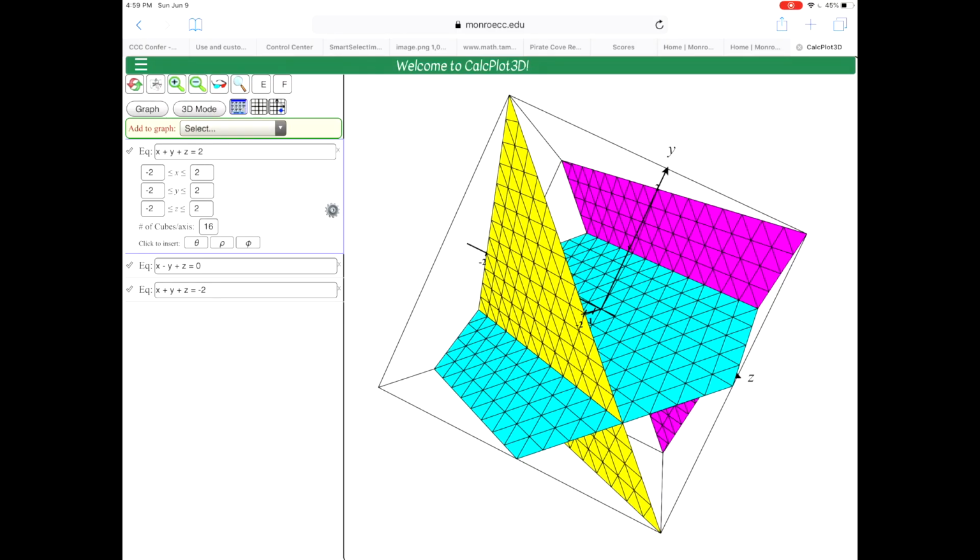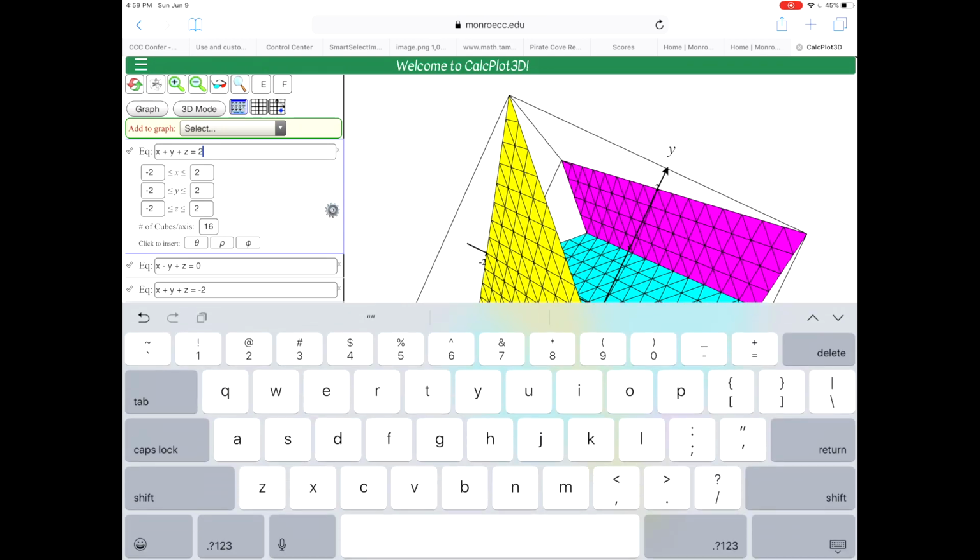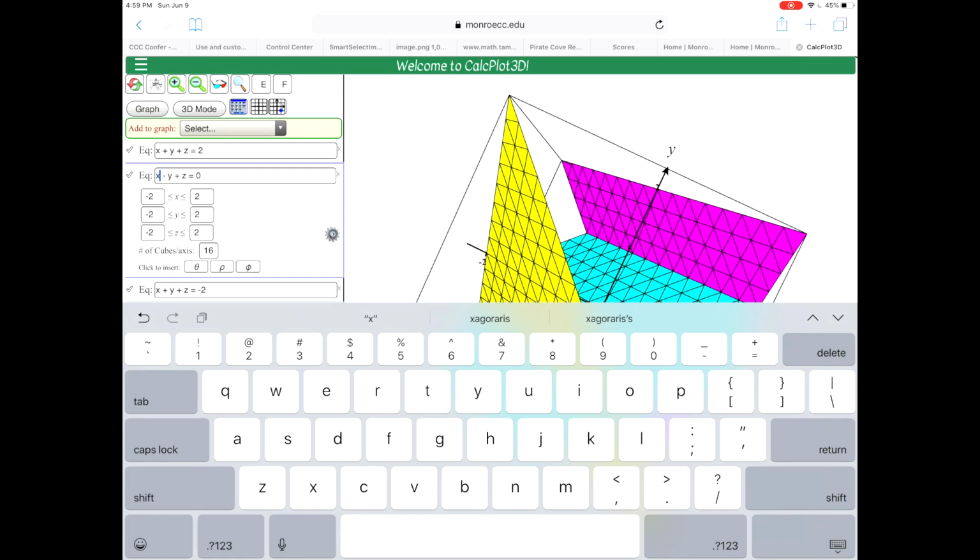Here, I think the best way is to make it where they're all multiples of each other. So if I have x plus y plus z is 2, and then negative x minus y minus z equals -2. I think that should do it.